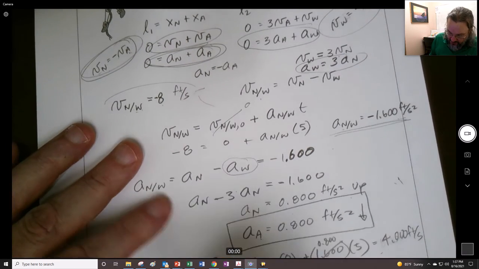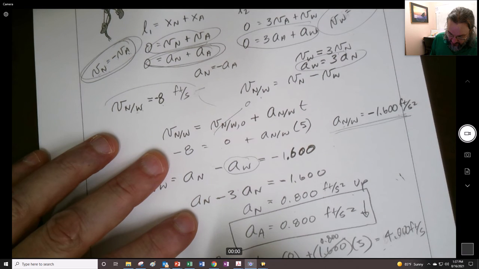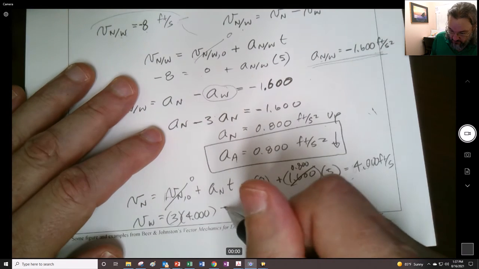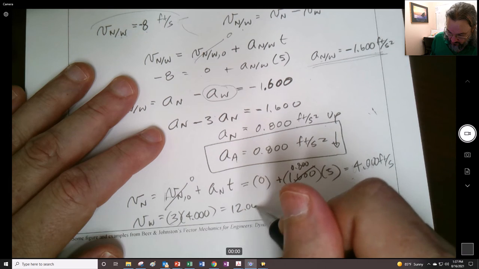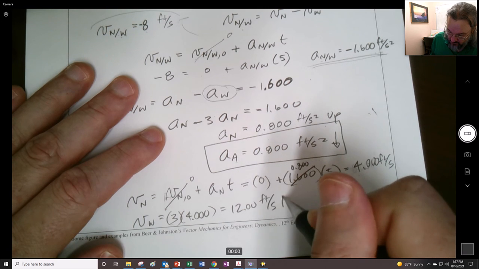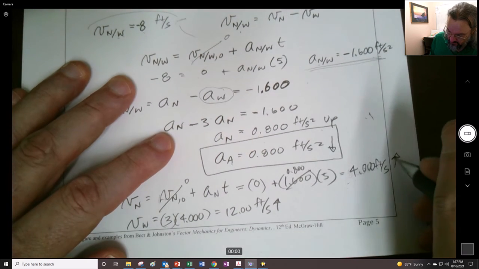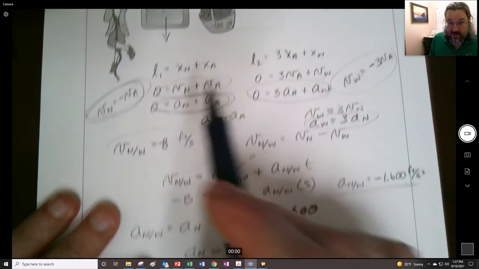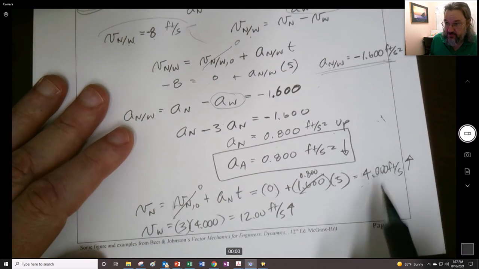So Wormy's velocity at that time is just going to be 3 times that, right? So 12. And we know that the velocity of A is going to be moving 4 feet per second downwards.